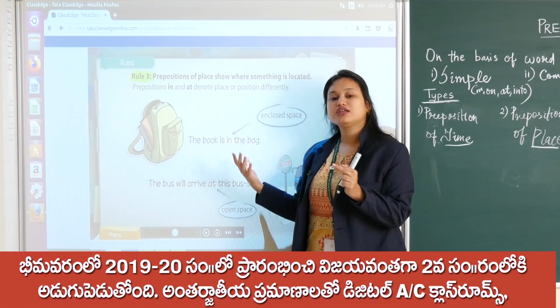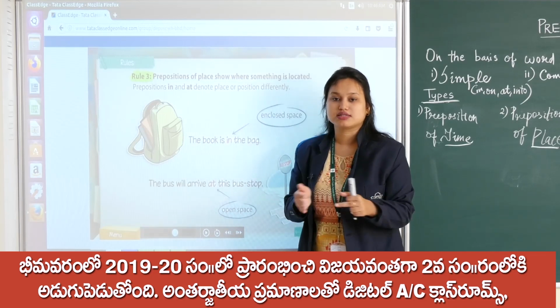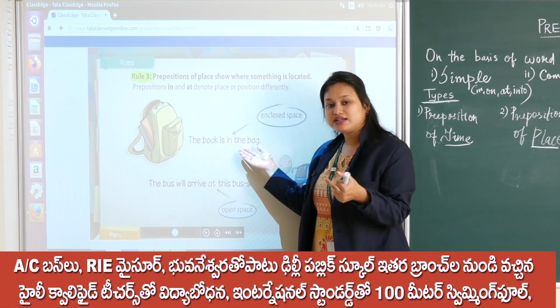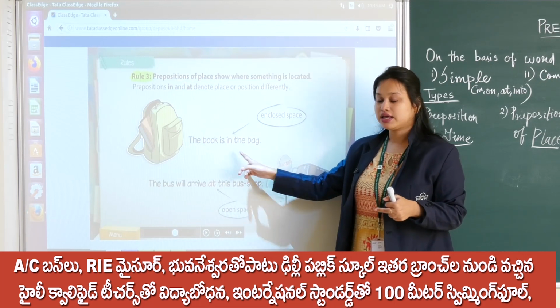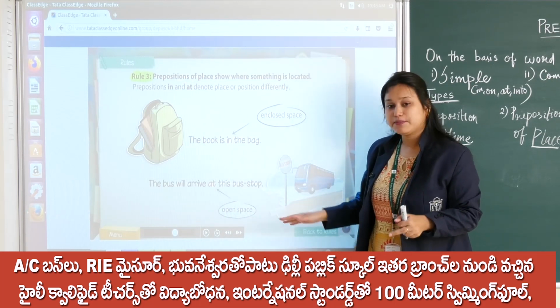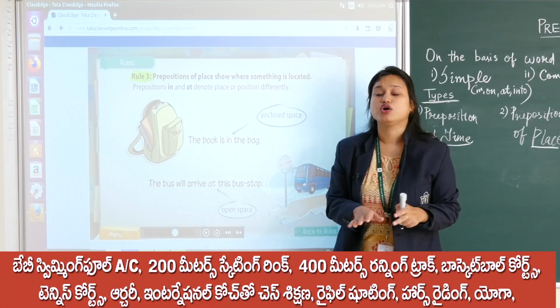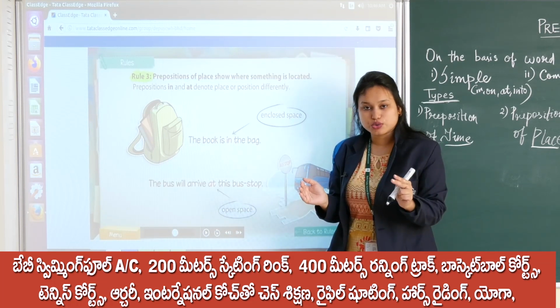So whenever we are talking about keeping a thing in a closed place, in a box, in a room, in a bag, in those areas we will use in. But when we are talking about an open space, he is standing at the bus stop. That means the bus stop is an open place, not a closed area.